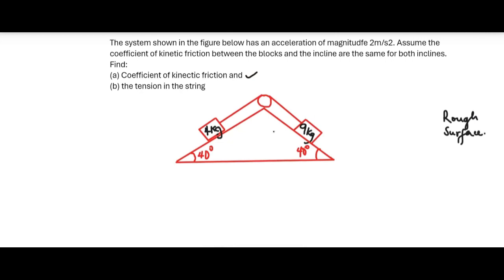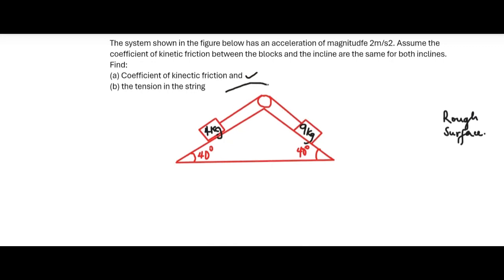Right. So let's quickly note out the forces on this system. So if this is 4 kg and the other is 9 kg, it means that this is heavier than the 4 kg. Hence, the body accelerates in this direction. Right. So your acceleration is 2 meters per second squared.